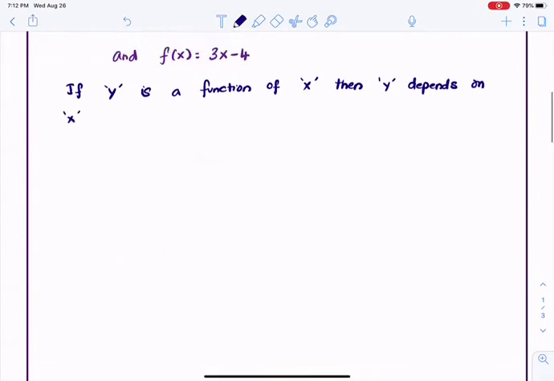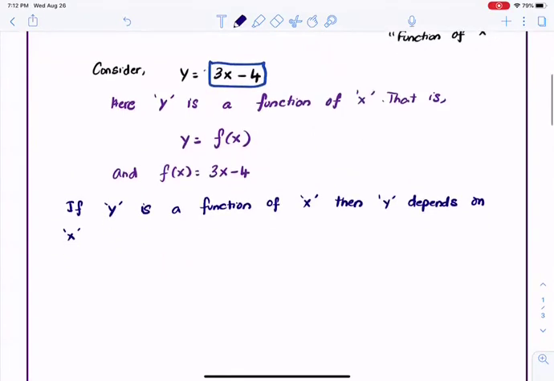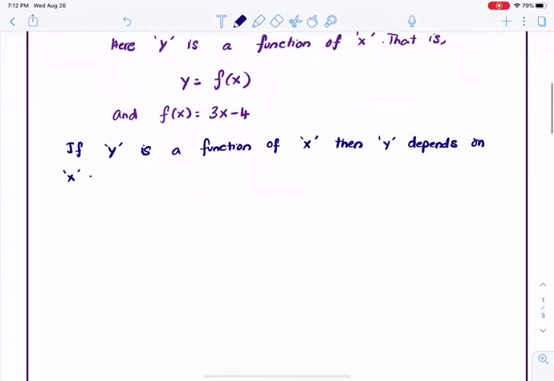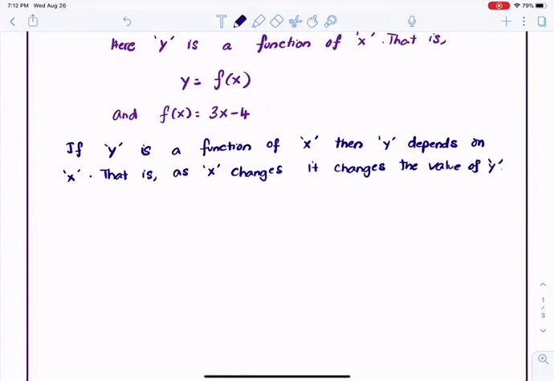And clearly, what do we mean by depends on x? This simply means that if something is dependent on something else, one is going to affect the other.